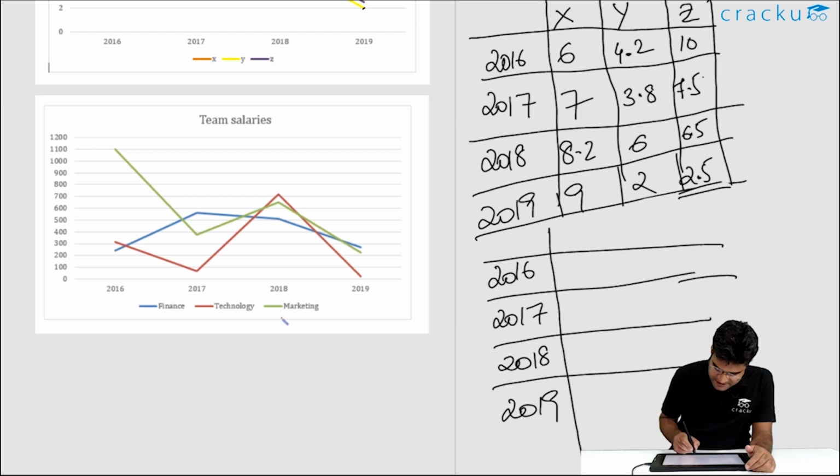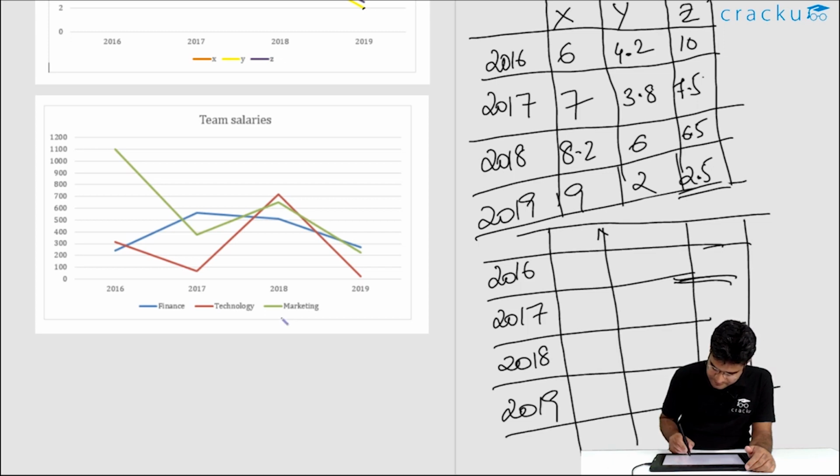Now this table represents the total salaries that have been received by the three departments. Now first is finance, next is tech, the third is marketing. So finance in 2016 over here is say around 250. These are just approximate numbers, don't worry, we will get the exact numbers later on.